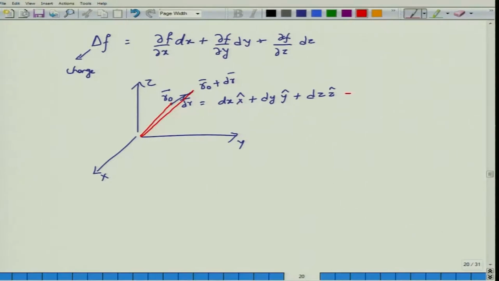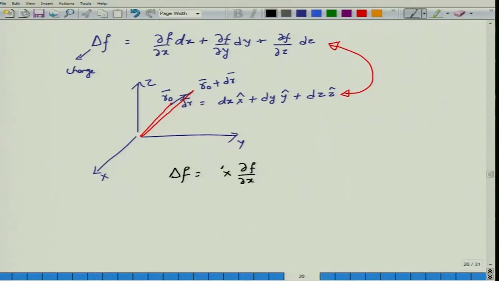Now, these two equations, if you look, you might come up with a very interesting way of combining them. I will first define a vector associated with this partial derivative.